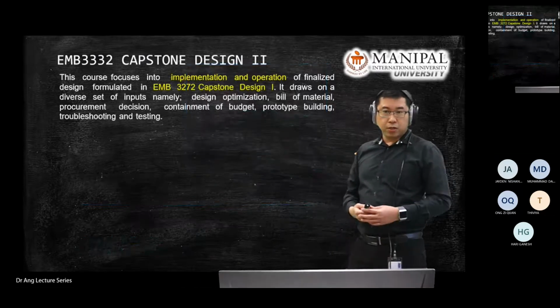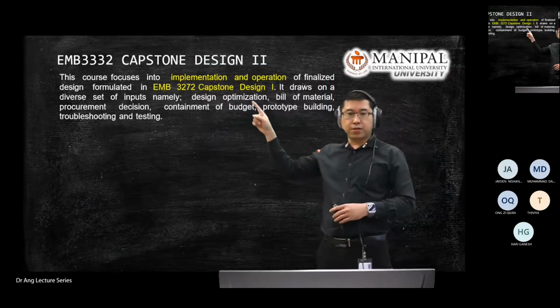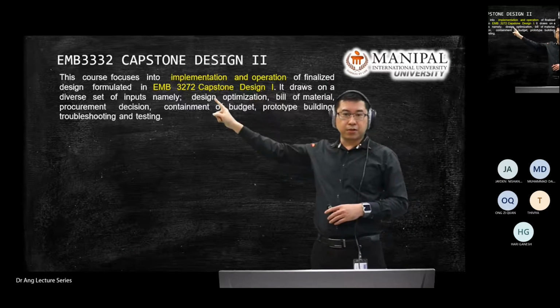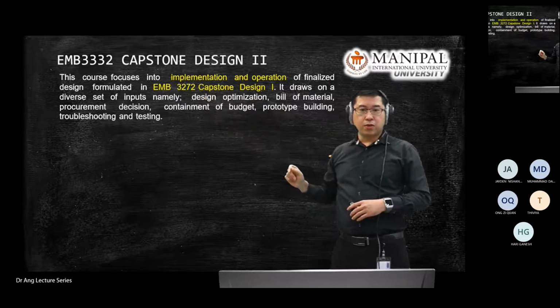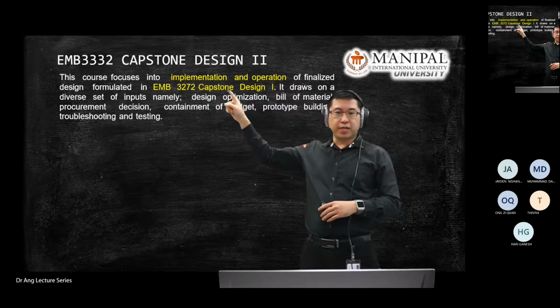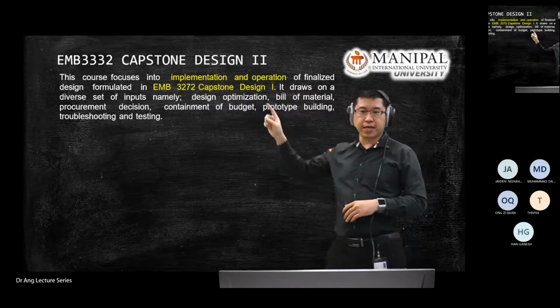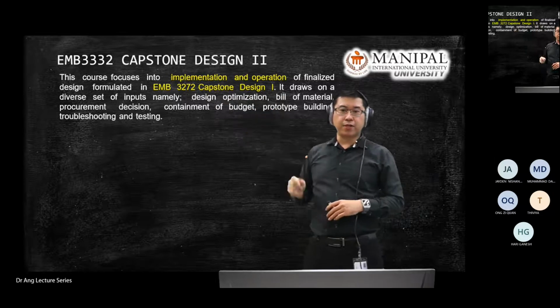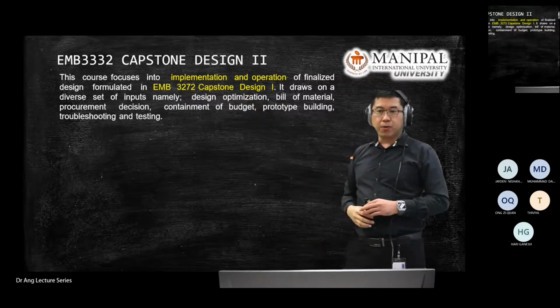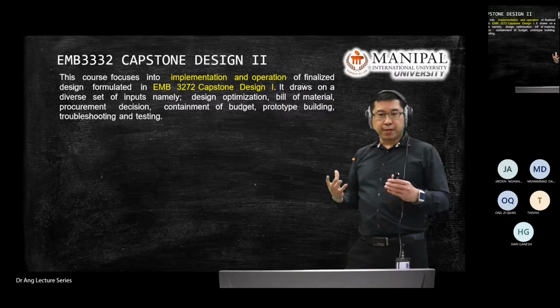Okay. So this basically is a continuation from Design 1 or 3272. This time you focus on the implementation and the operation of your projects or your design. In Capstone 1, we focused on design, more on paper and concept.